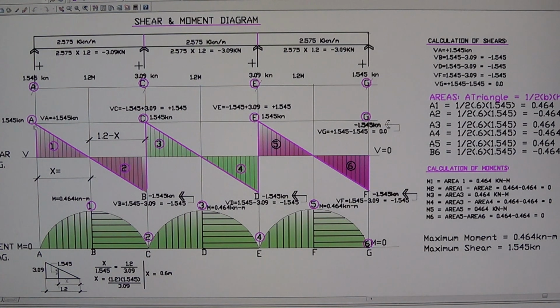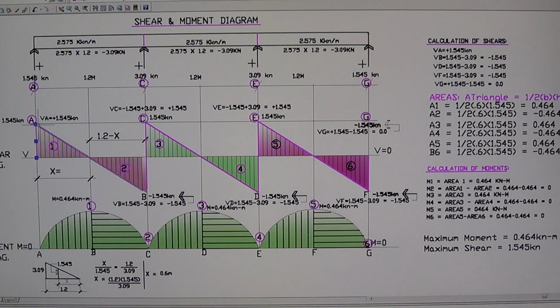It could be there, it could be here, but I calibrated it right here. That is the location of 1.545 for this load here. So you draw that line from 0 up to A.